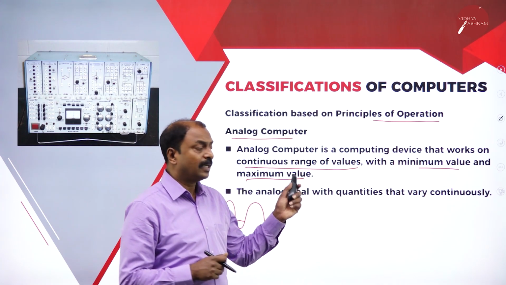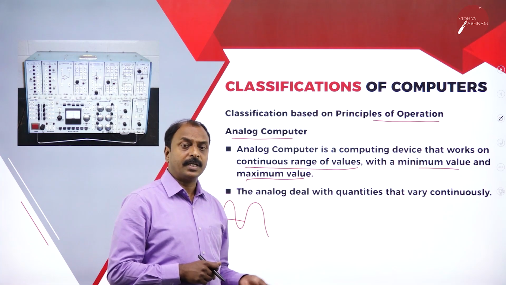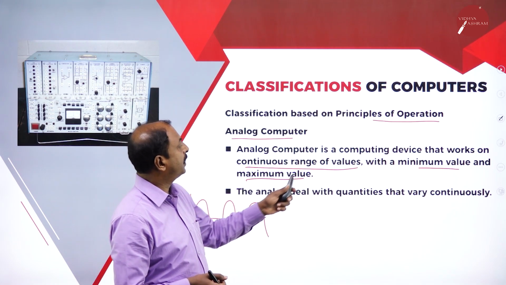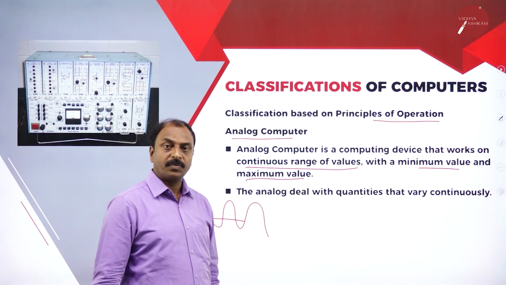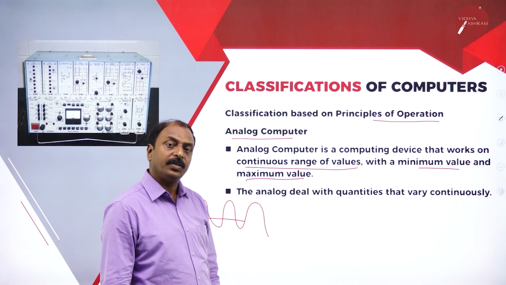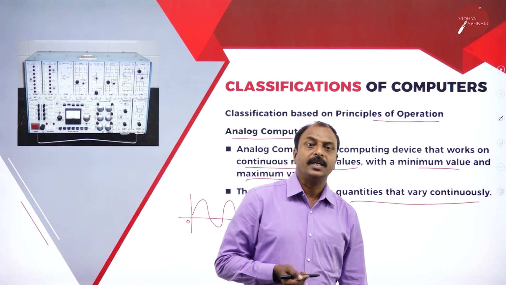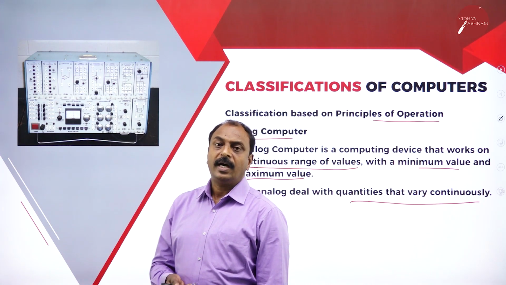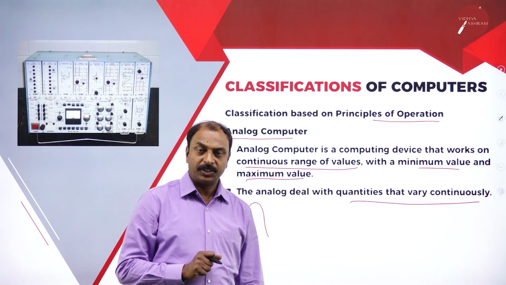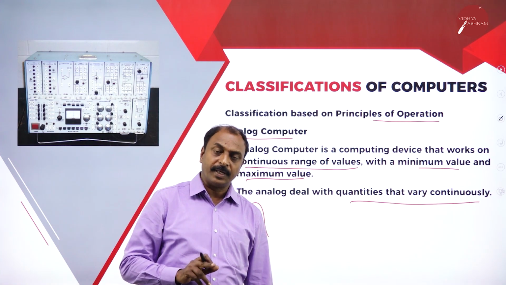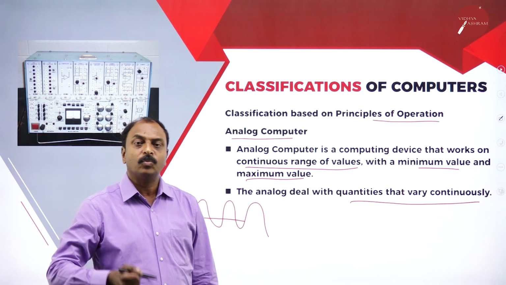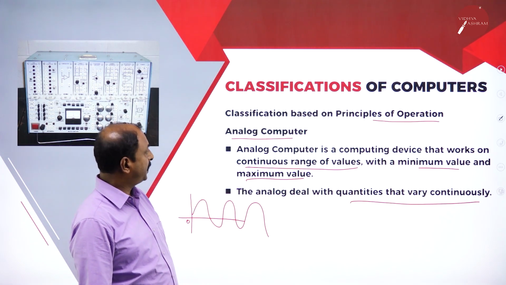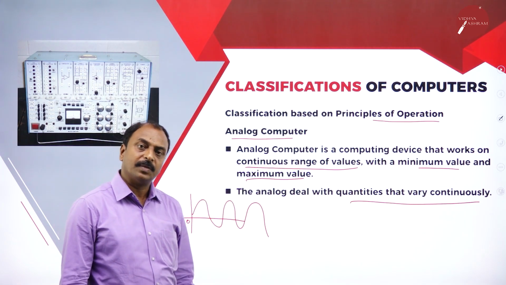So this is an example of analogous data and analogous information. This is the computer that used to work with an analogous range. One more example for this is a thermometer. We use a thermometer to measure temperature. As and when there is a change in the temperature, maybe in a room or in an environment, the mercury level keeps moving from one range to another. Those types of calculations are done with the help of an analogous computer.